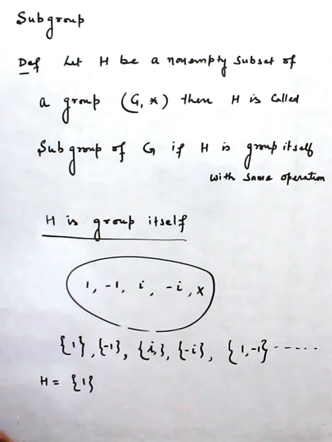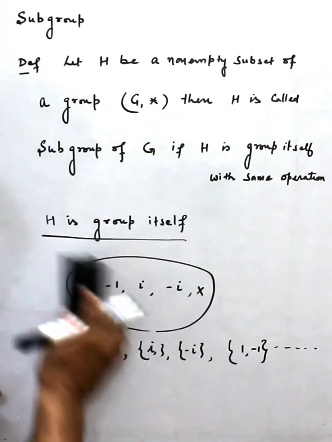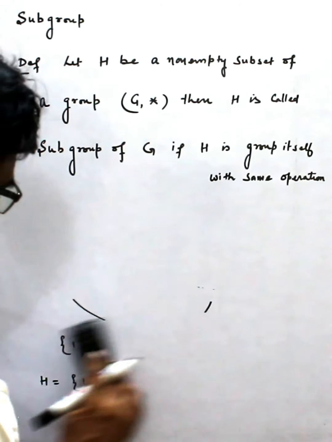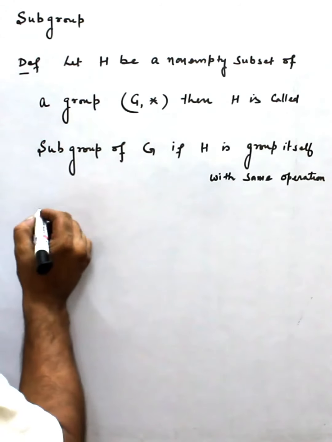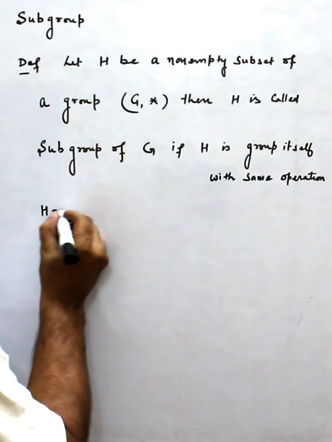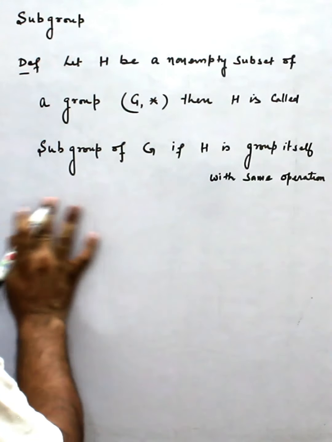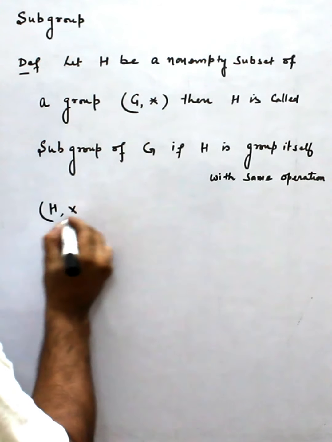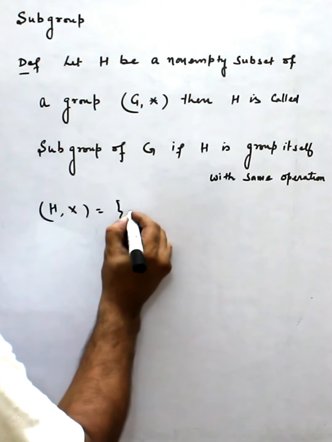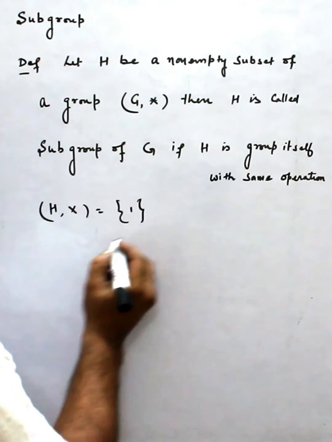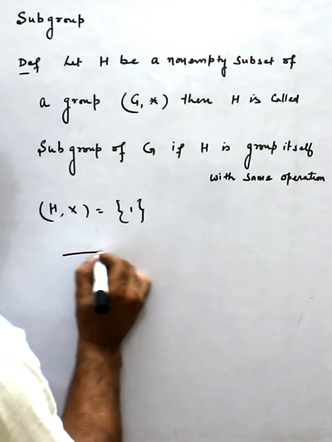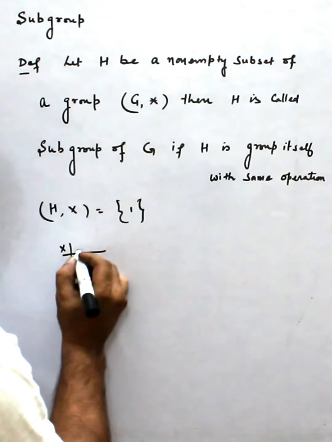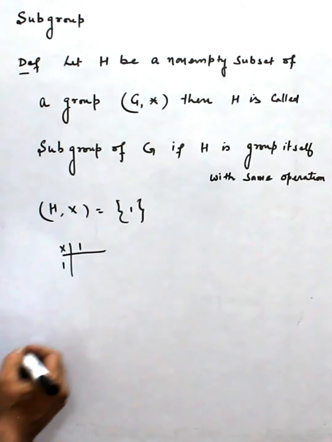So here the operation is multiplication and in H there is only one element. Then by the Cayley table we can say our operation is this and the element is only 1.